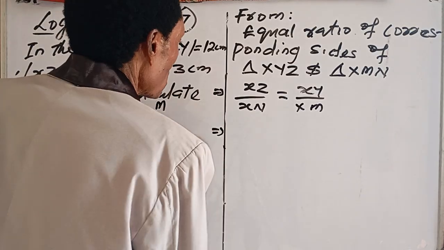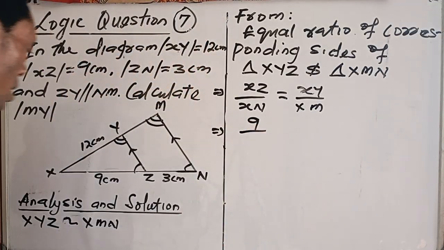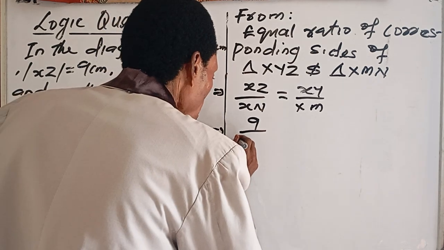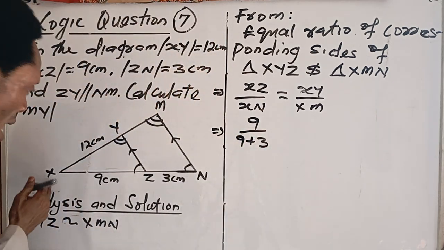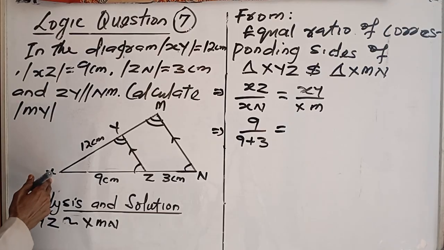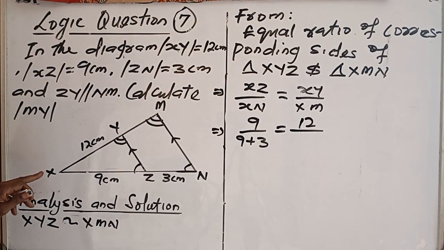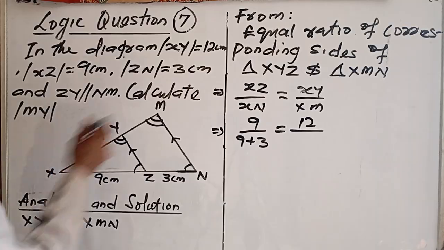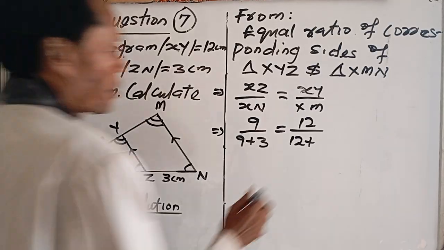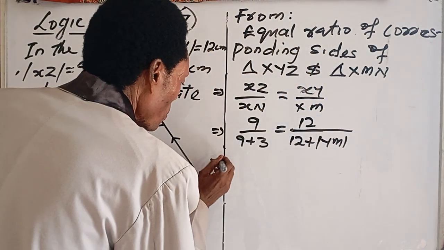So XZ is 9, over XN, which is 9 plus 3, equals XY, which is 12, over XM, which is 12 plus the length of YM.